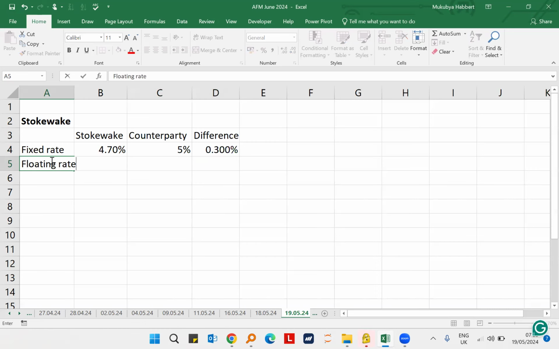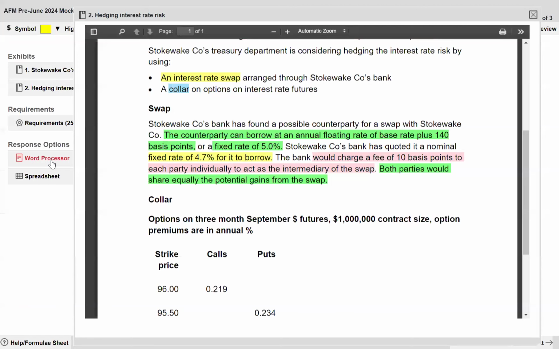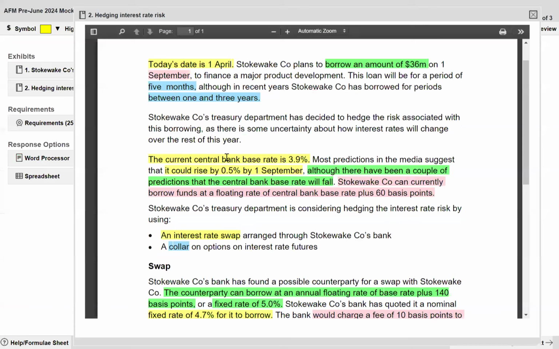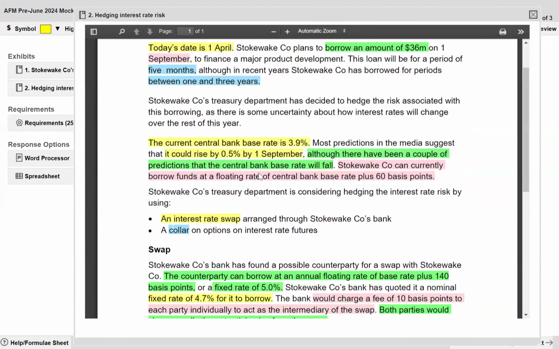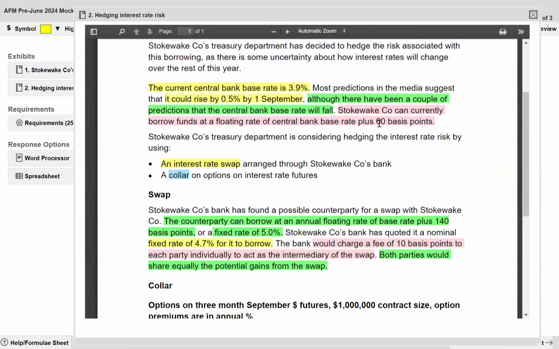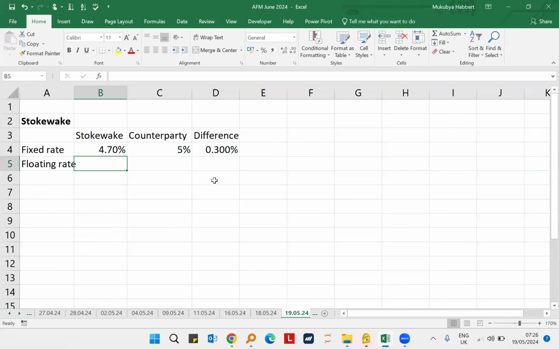Then when you look at the floating rate, Stockwake can borrow at, we were told, base rate plus 60 basis points, which is 0.6%.